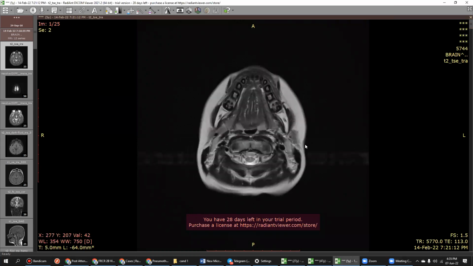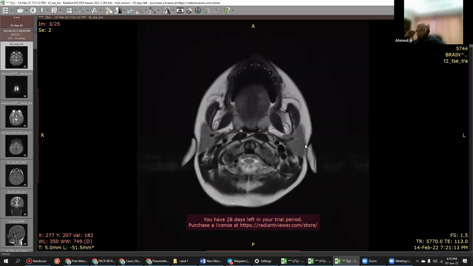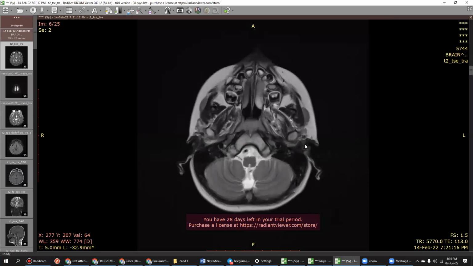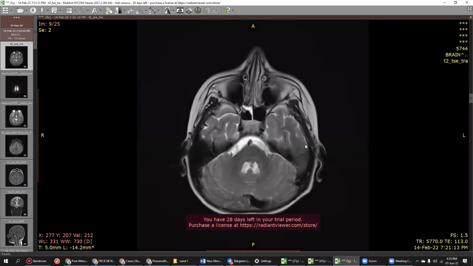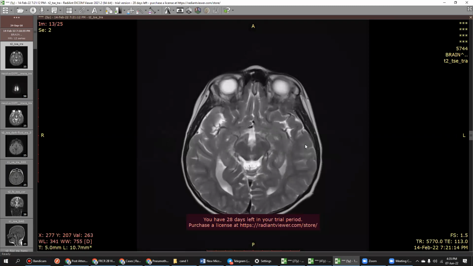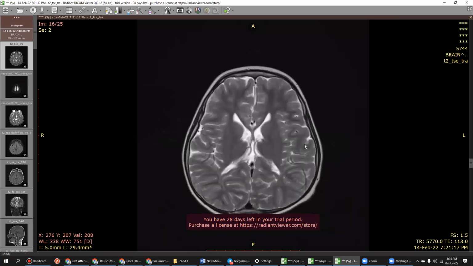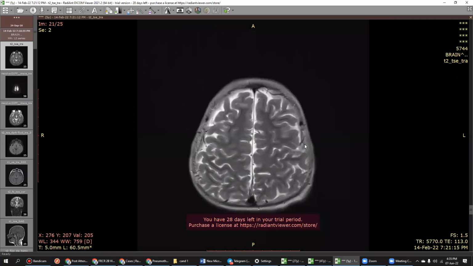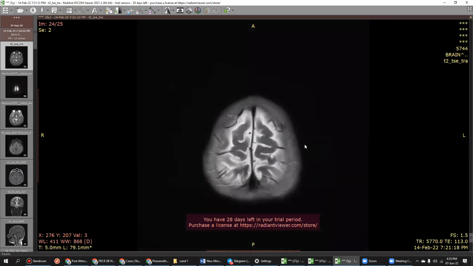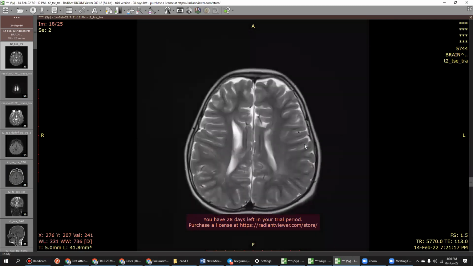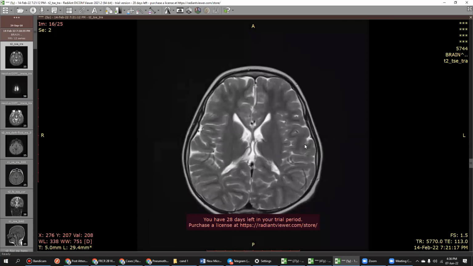Okay, great. Please start. So these are the brain T2 weighted images. I'm just scrolling through the images to get some idea, and then I will start. Okay, so while scrolling through the images, I can see the ventricles are not dilated.